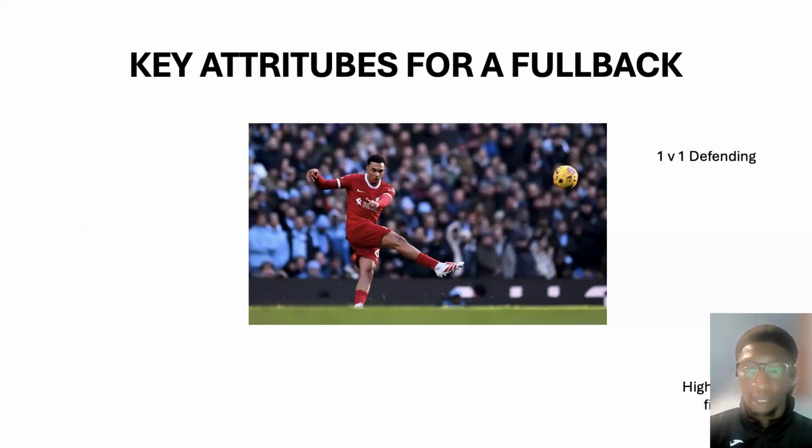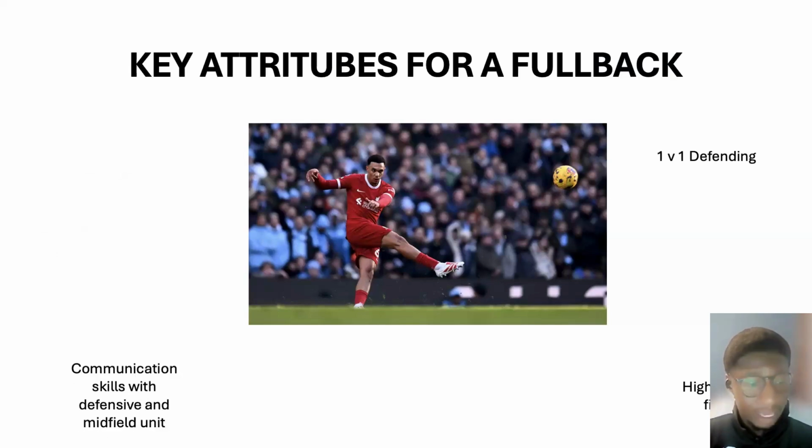Again, be good in your 1v1 defending, as we saw in the clip previous. Yeah, communication skills with the defensive and the midfield unit. So we saw Jules Koundé have to communicate in terms of maybe in a transition, he might have been a centre back or he might have found himself in a right wing position. So making sure that you're communicating with your defensive unit.